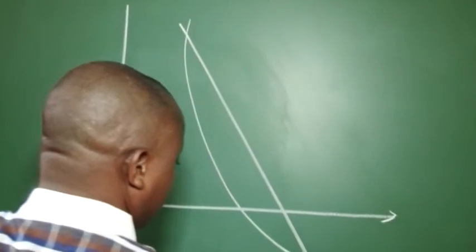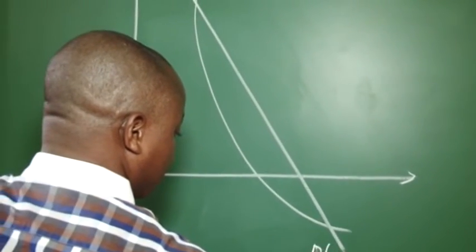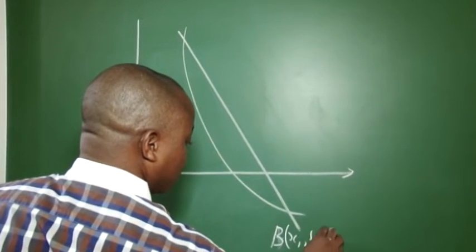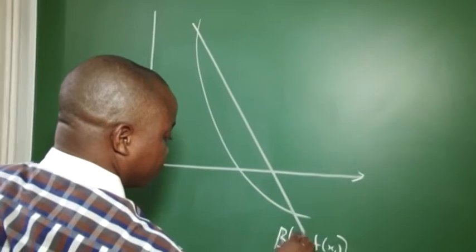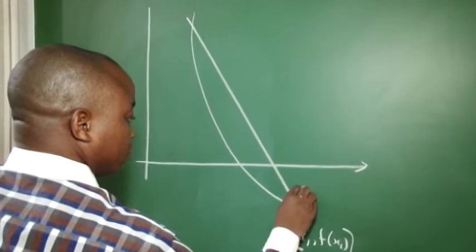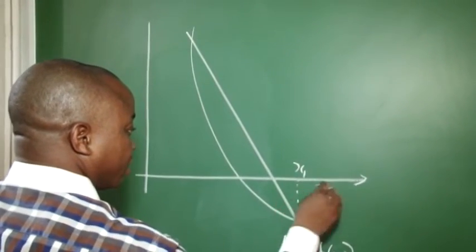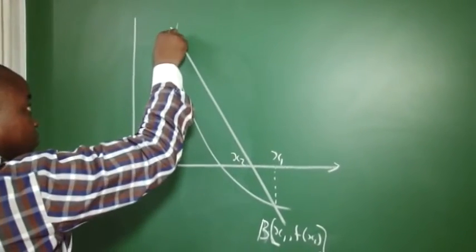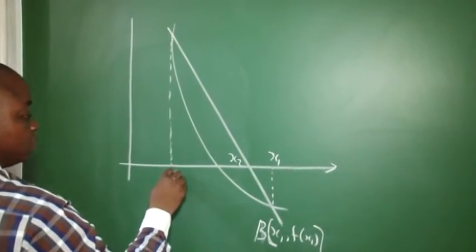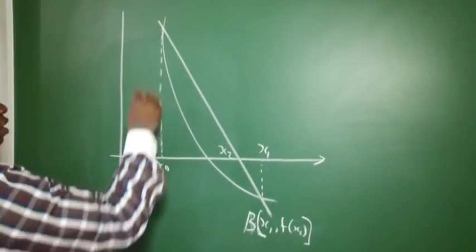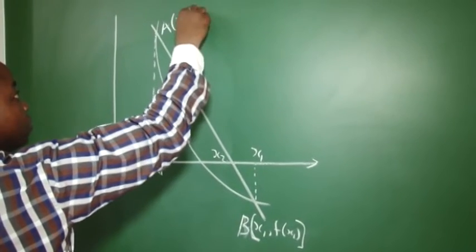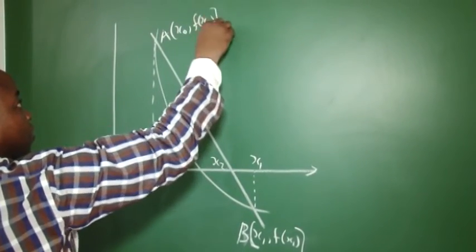So this is point B, x1, f of x1. We have x1, x2, and this is x0, and this is point A with x0, f of x0.